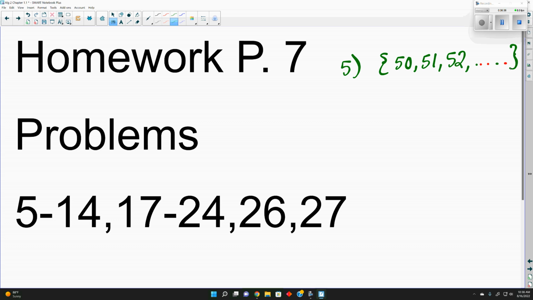And you can do the same with 6. 7, 8, 9, 10, 11, 12, 13, 14. Like we kind of started off today, writing it in interval notation with our brackets and parentheses is what it wants for those.